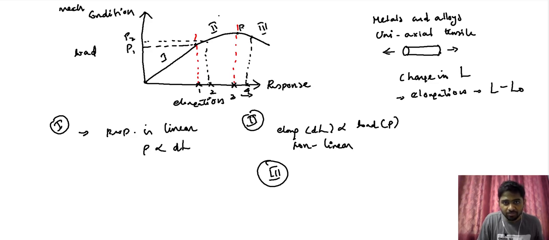So this could be point 3 and the load that is required for reaching point 4. So what we have is, in section 3, the elongation can be achieved even by decreasing the load that we have imposed. So what we essentially see in section 3 is a behavior that is in complete contrast to section 1 and section 2.